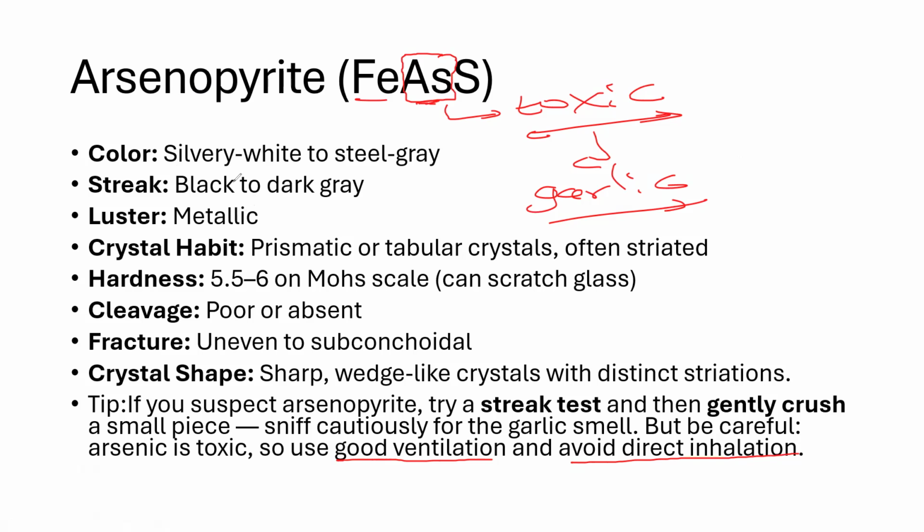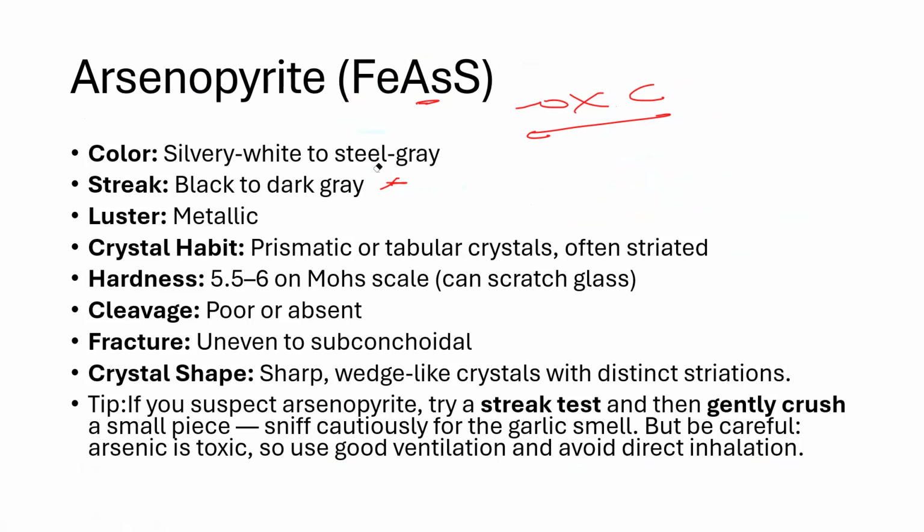But if you sniff at the arsenopyrite, especially if you can break it a bit, then you smell the garlic. Then you know that you are dealing with arsenopyrite. Okay, and that's that about the arsenopyrite. Let me show you quickly.